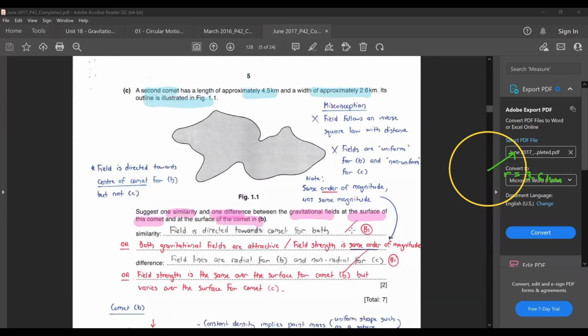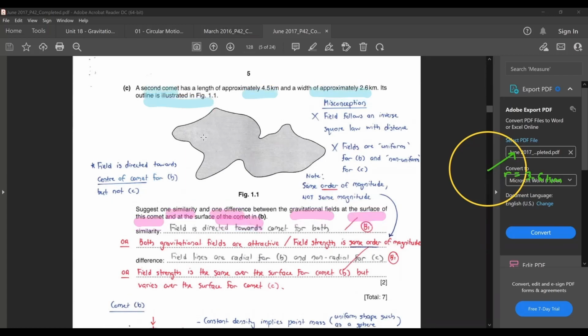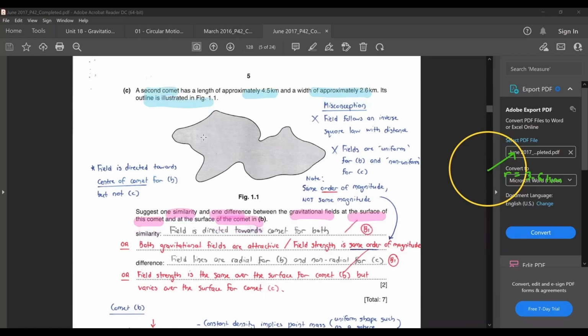Then after that, you now have a second comet, but this comet looks weird. It has an irregular shape. It doesn't have a uniform shape, okay? The comet in B has a uniform shape, but the comet in C has an irregular, non-uniform shape. They want you to compare the similarity and difference between the gravitational fields on the surface of both comets.